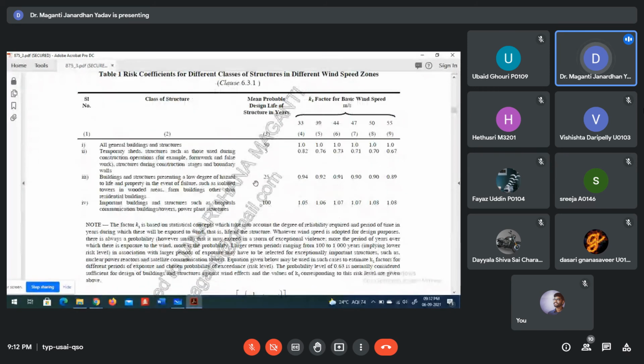This is table 1. K1 factor, 50 years return period. If it is important structures like hospitals, communication towers, power plant structures, it is high.